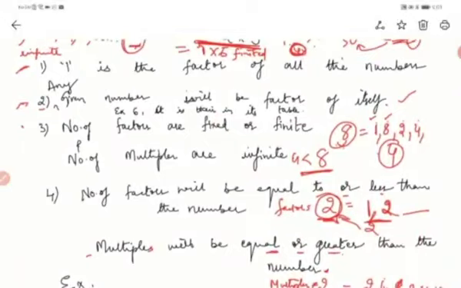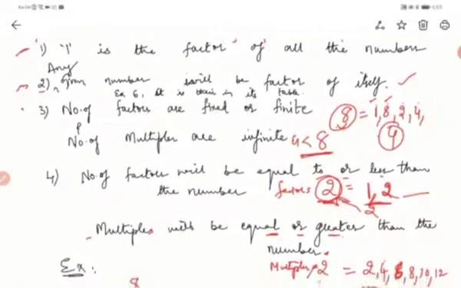If I'm finding the factors of number 20, 20 itself is a factor of it, that is 20 ones is 20, isn't it? Okay. And then the third point is you'll have a fixed number of factors, whereas multiples are infinite, isn't it?